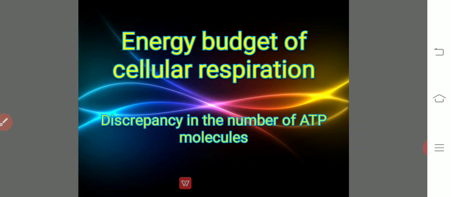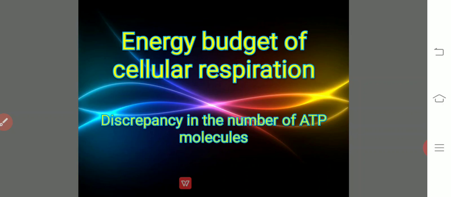Why? Because if you observe the electron transport system, the ATPs may be formed from the NADH or FADH2, and the number of ATPs produced from either NADH or FADH2 solely depends upon the consumption of oxygen by the mitochondria for the oxidation of NADH to NAD plus and FADH2 to FAD.